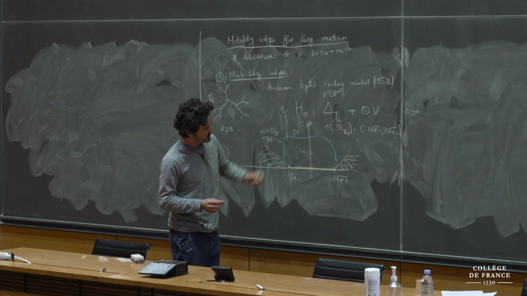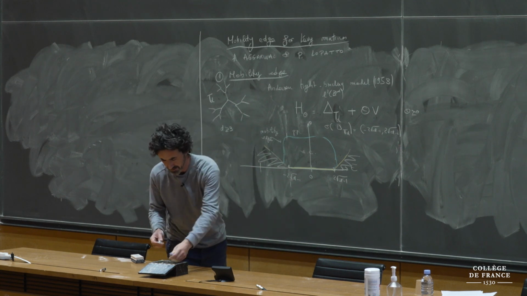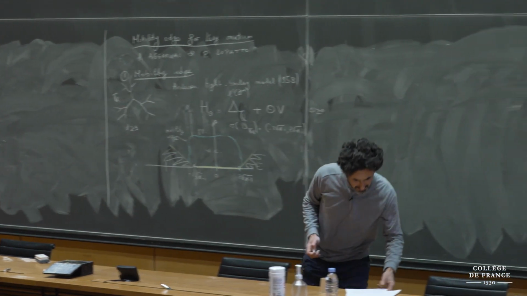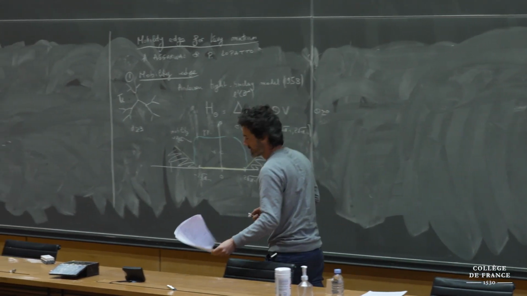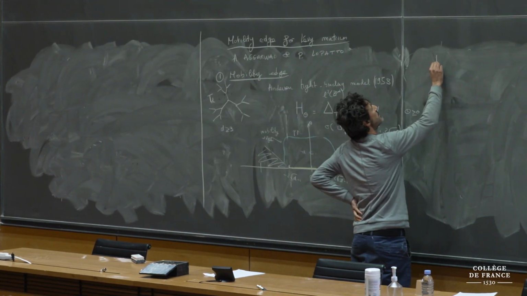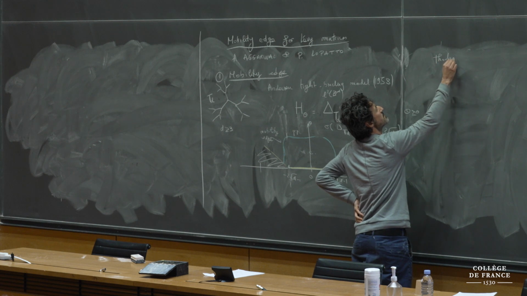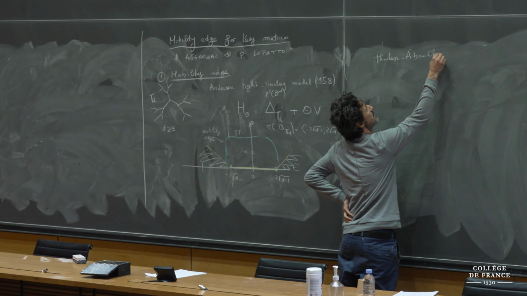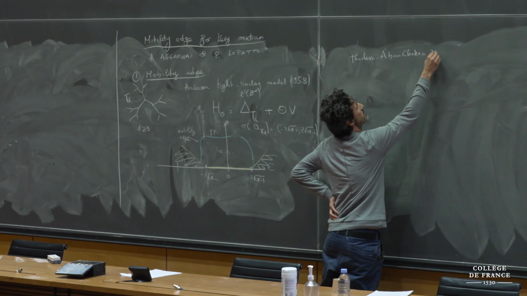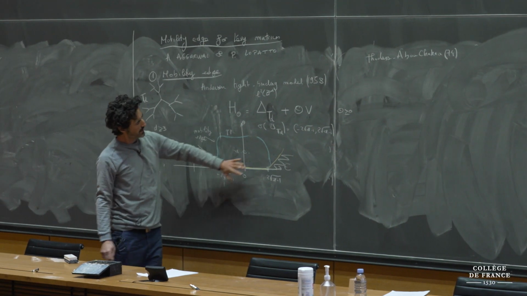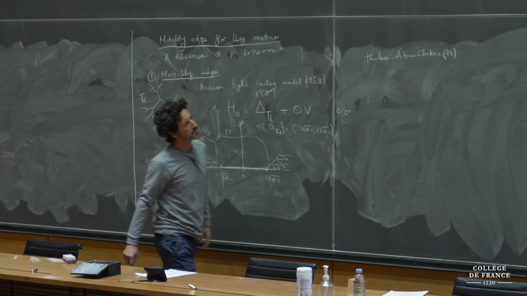On these models, mathematics has been quite successful. The physicists have understood this, probably Thouless and Abou-Chacra in 1974, who introduced this model and essentially understood how to solve it.